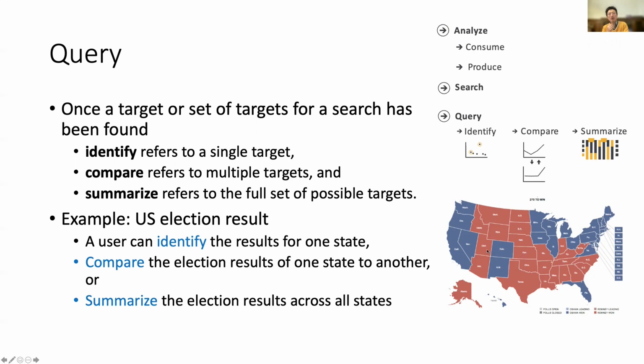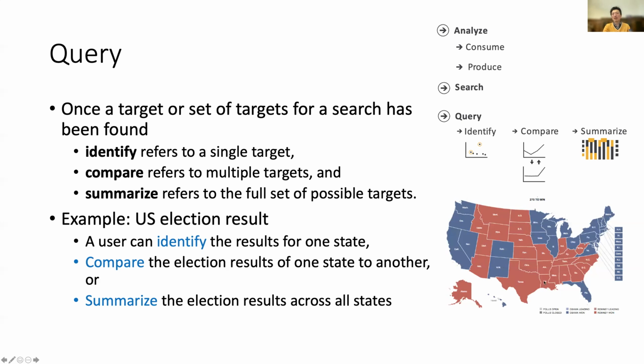Okay, and then summarization will be a bit more different. So here, if you want to summarize, if you want to describe the overall distribution of the states all over America, you might say, okay, the West Coast is most Democratic. So this is the ocean, and most of these West Coast states voted blue.